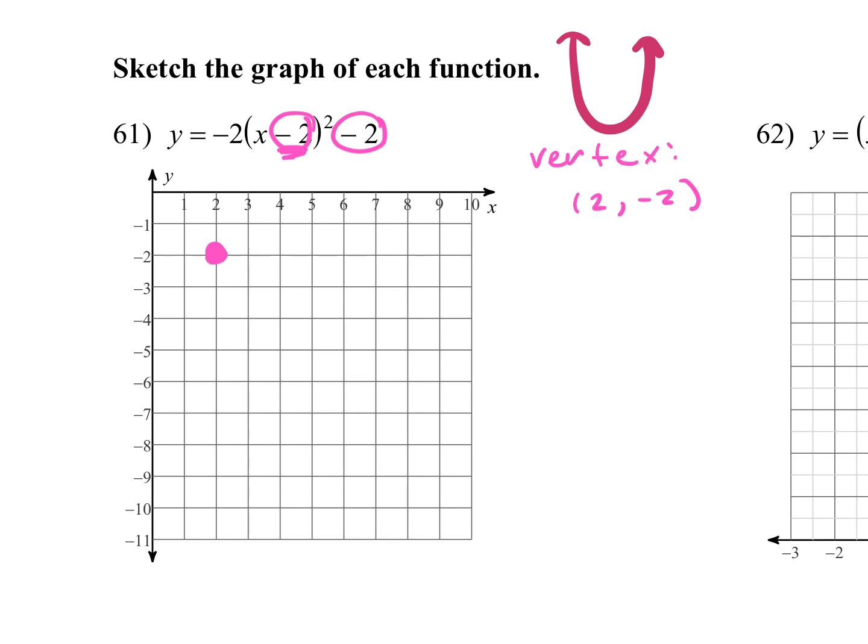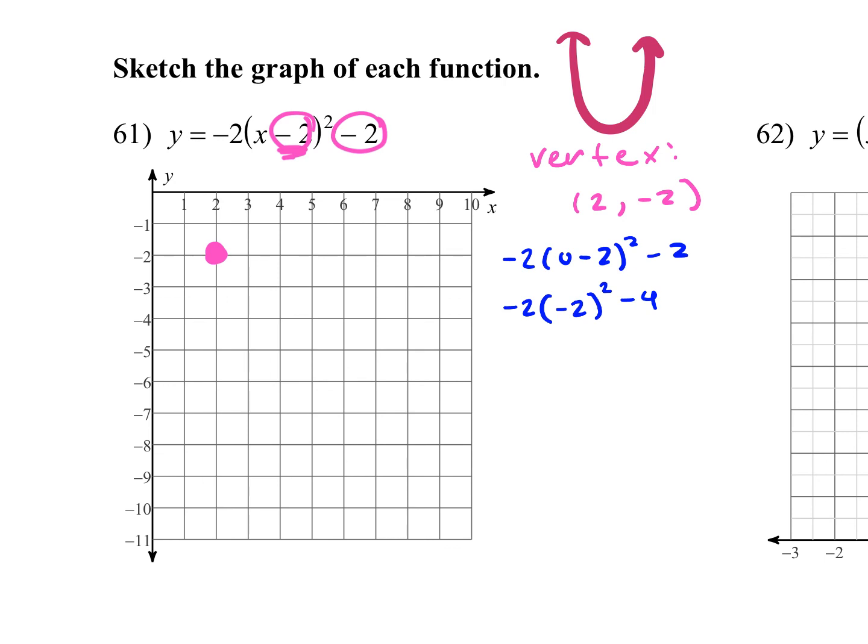And then how can I find another point on my graph? I can plug in 0. So I have -2 times 0 minus 2 squared minus 2. So it's 0 minus 2? -2. And what's -2 squared? 4.